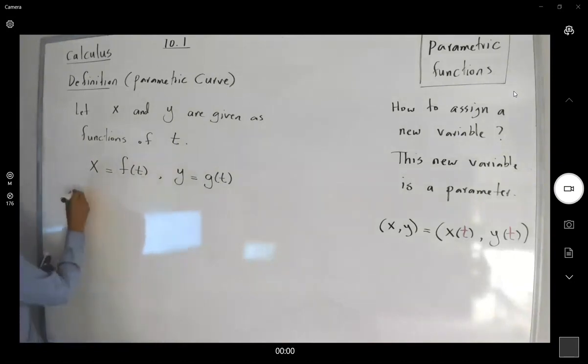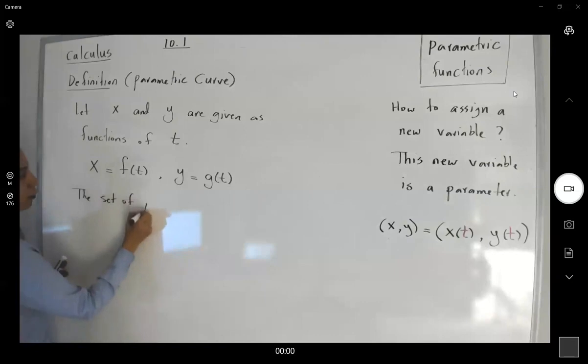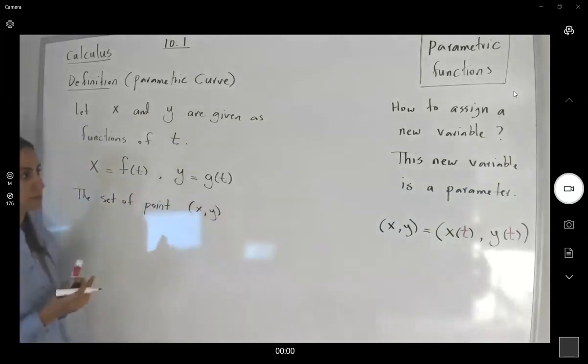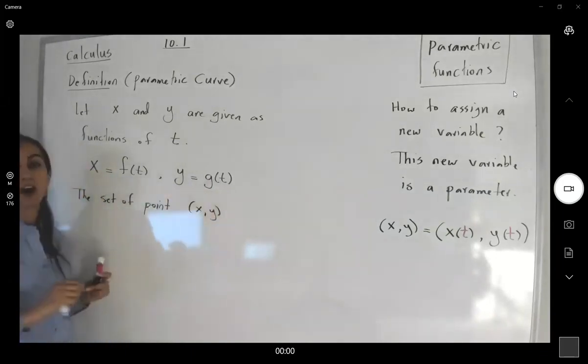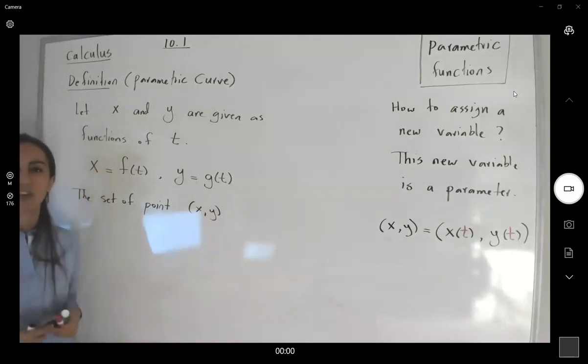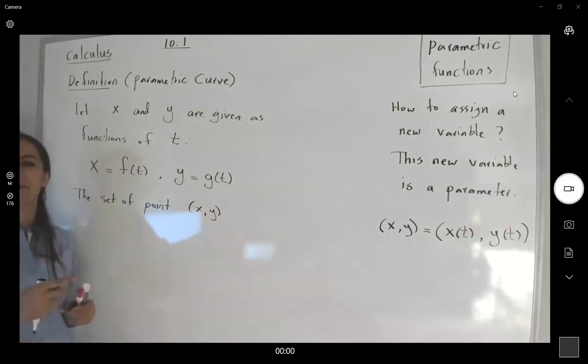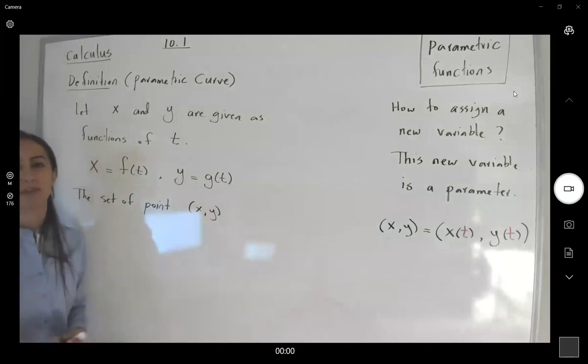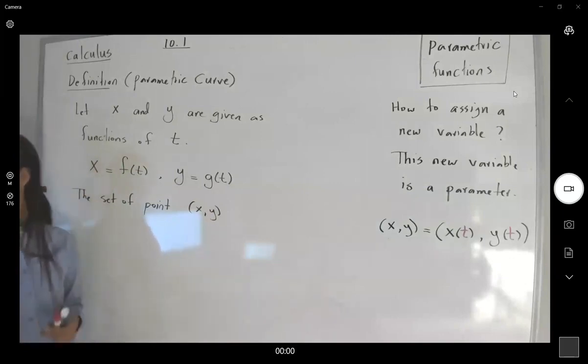Then the set of points x and y, depending on t, in the space, in the plane, these are representing the position of the particle. You can graph them. It forms a curve in the plane or in the space.